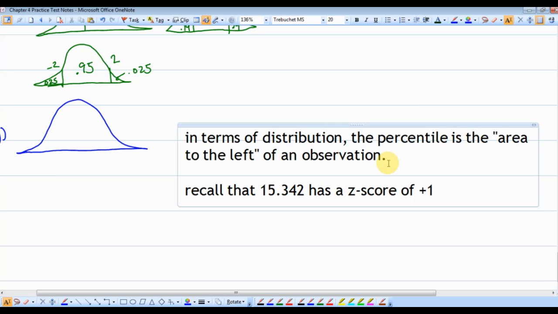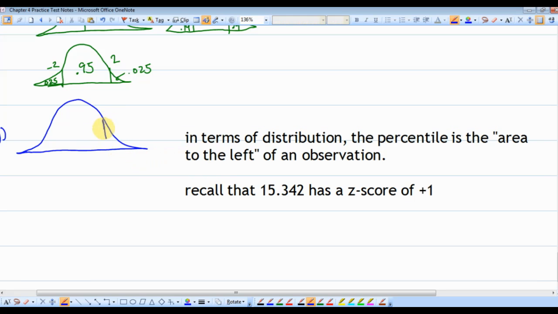And then remember that what we said was when you have a z-score, it's like a map. It tells you where this thing lines up under this bell. So positive 1 lines up right here under the bell. Do we remember that? Great. Then 2 is when it starts moving a little bit more. So 2 is like right here.